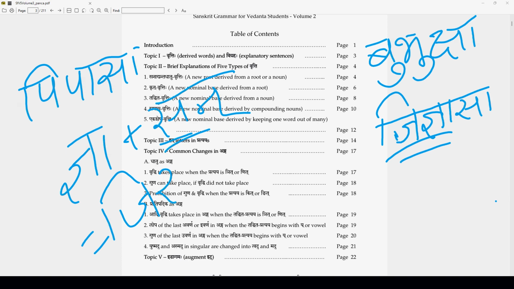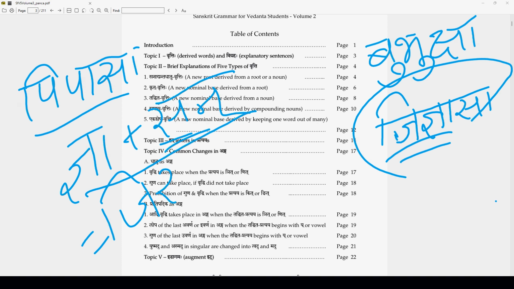So jidnyasa is a namapada form, but the kriyapada form of that is jidnyasati. Jidnyasati, jidnyasata, jidnyasanti, etc. Similarly, pipasati means he likes to drink.